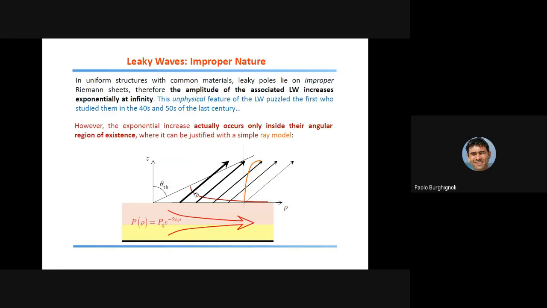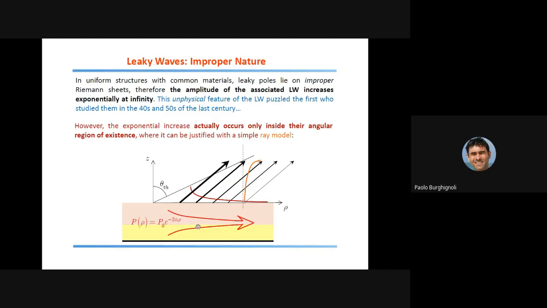Here is the reason why you should have the exponential growth at infinity of a leaky wave. That's associated with the fact that while the leaky wave propagates in the radial direction, rho, it loses power by radiation. So this power goes as an exponential function of rho, e to the minus 2 alpha rho. This factor 2 comes from the fact that the power is quadratic in the field.